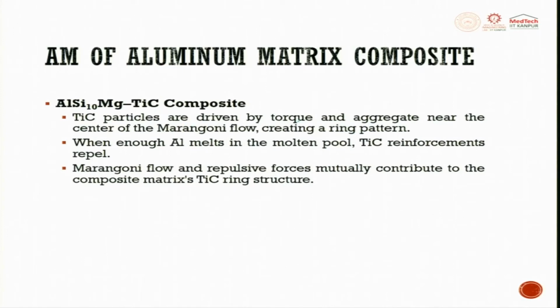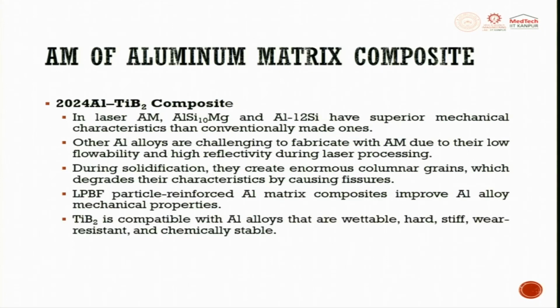TiC particles are driven by torque and aggregate near the center of the Marangoni flow, creating a ring pattern. It is the same thing you see with iron, the TiC ring pattern. Al melts in the molten pool, TiC reinforcement repels them. Marangoni flow and repulsive flows mutually contribute to the composite matrix TiC ring structure.